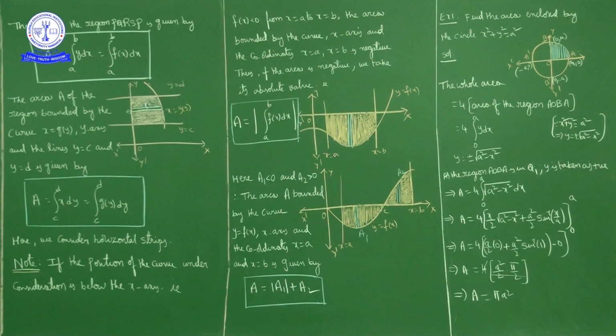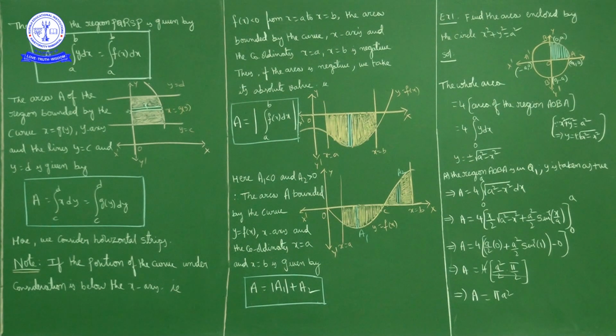Suppose the curve y is equal to f of x is below the x axis between the limits x is equal to a and x is equal to b. The portion of the curve under consideration is below the x axis, that is, f of x is negative between the lines x is equal to a and x is equal to b.